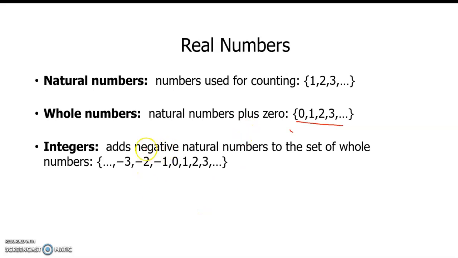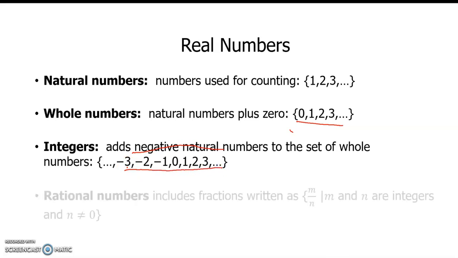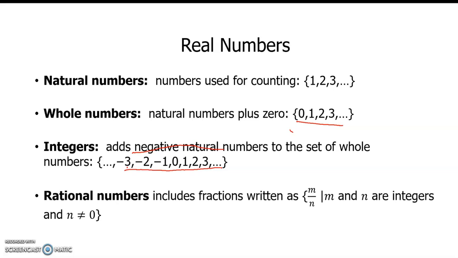So, we have here also integers. And dito na pumapasok yung ating mga negative natural numbers to the set of whole numbers. And here are the examples. If you are familiar with the Cartesian plane, makikita niyo yung mga negative and positive integers natin dyan. So, rational numbers include fractions written as m over n, where m and n are integers and n is not equal to 0.